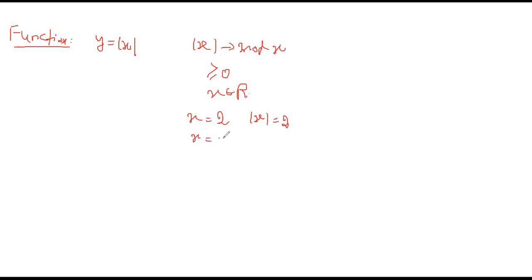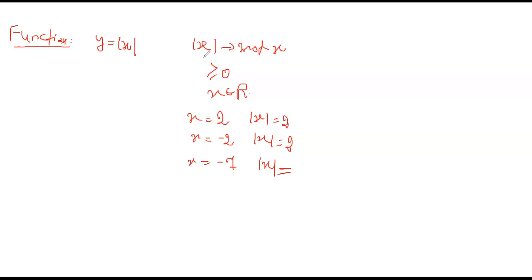X is equal to minus 2, mod x will be 2. X is equal to minus 7. Can you tell me what is the value of mod x? Plus 7 or minus 7? No, it will be always positive.